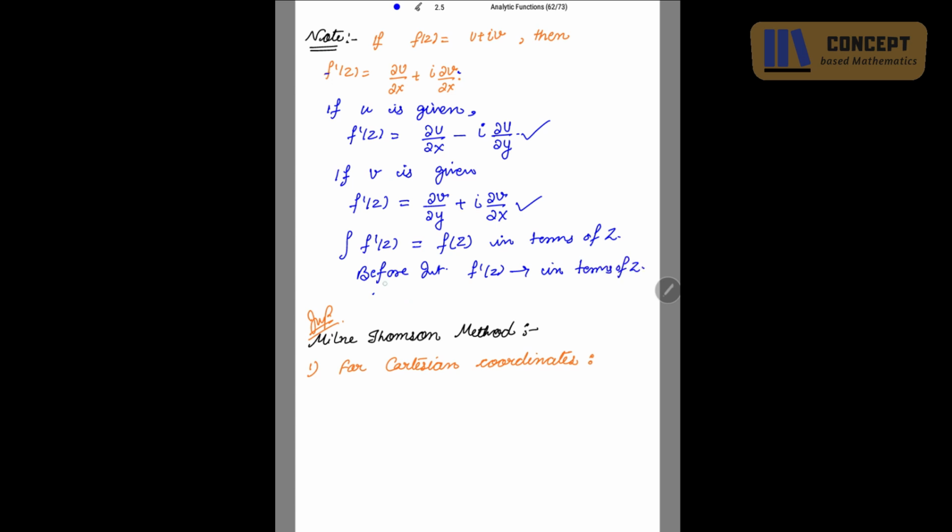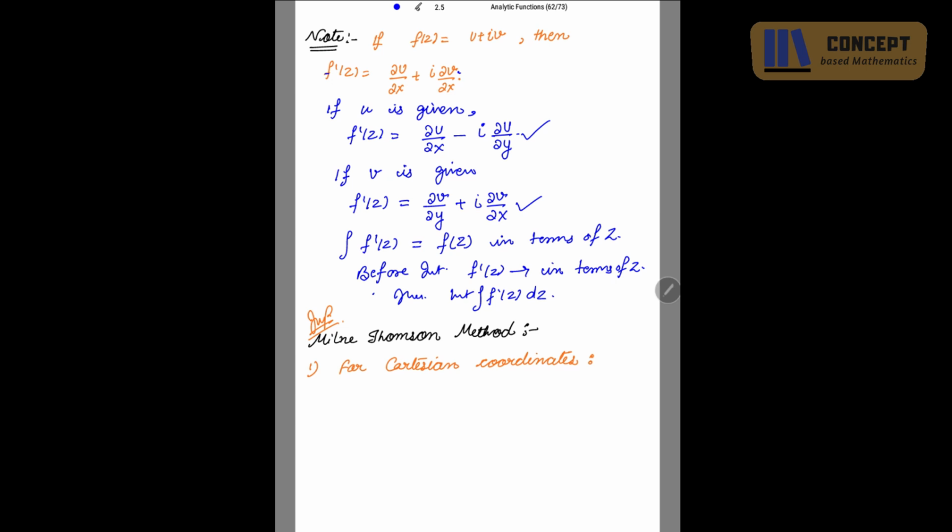Then I integrate this f dash z with respect to z and get your final required solution for f of z. Now how to change the terms to z? Now I will explain you this content. This is a very important method and very convenient method.